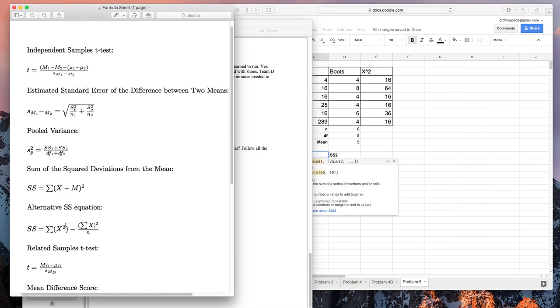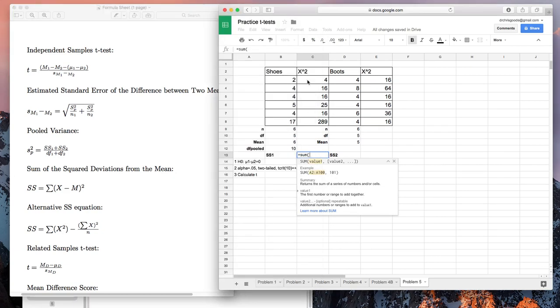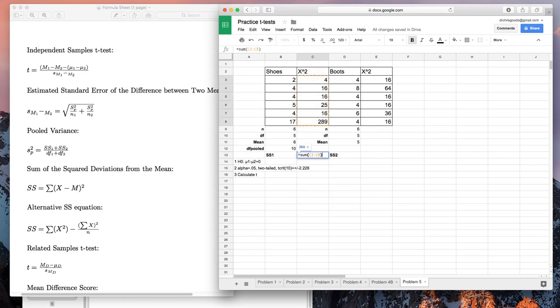The alternative sum of squares equation: the sum of x squared minus the sum of the scores, sum of x, that's this part, divided by the number of scores. I gotta close parentheses. Nope, all parentheses are closed. That's sum of squares 1. That's sum of squares 2.